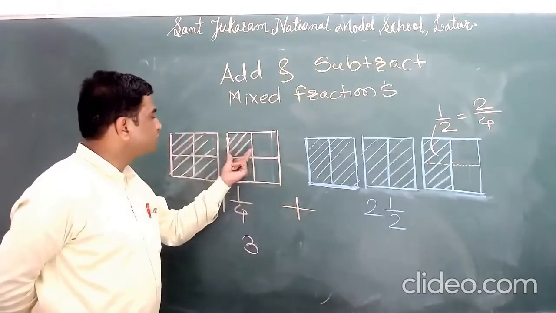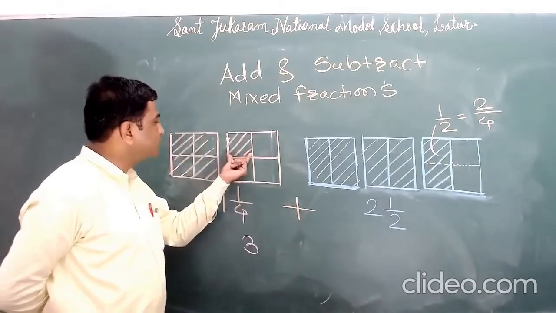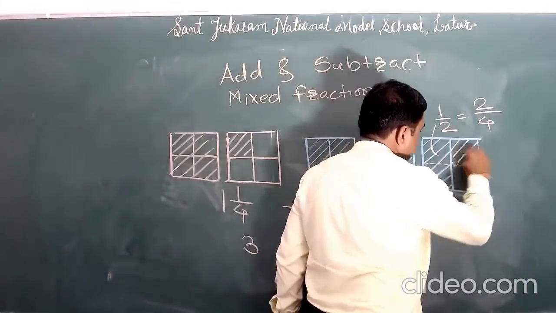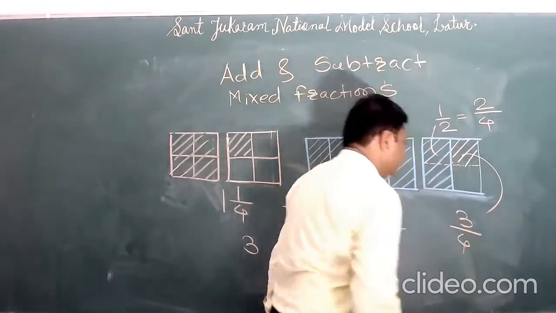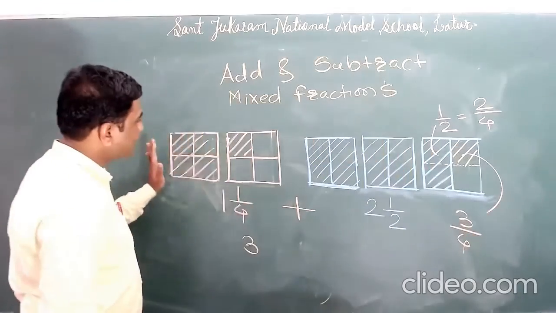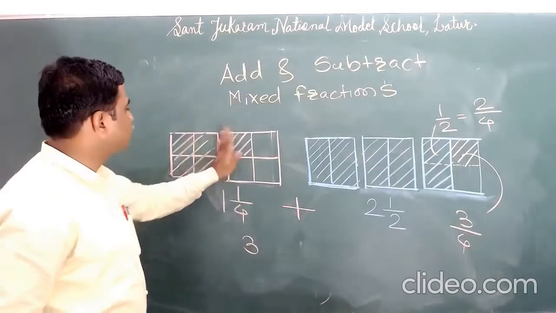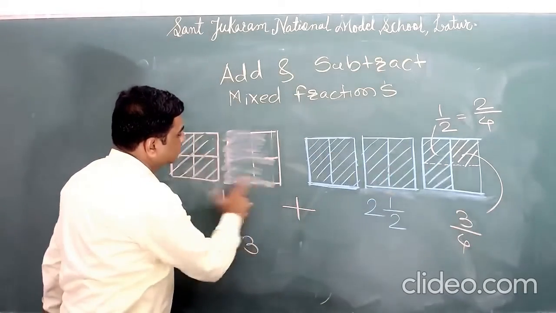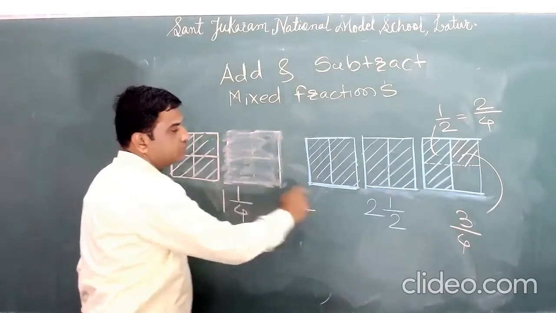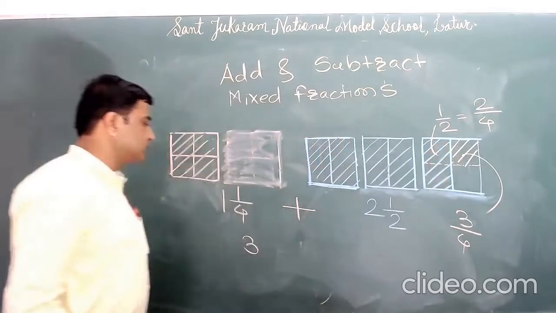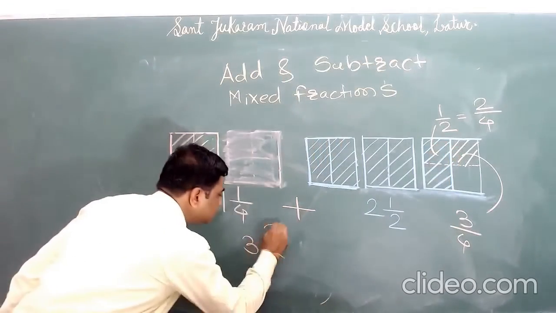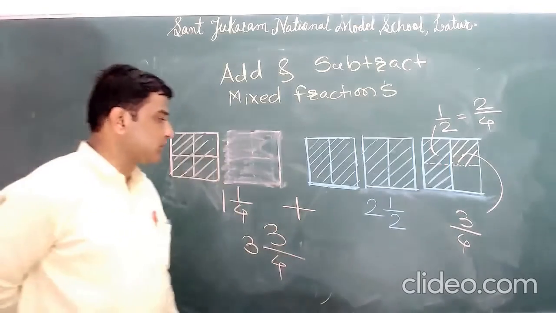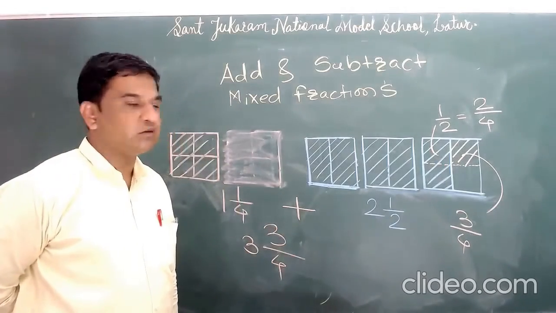There is one shaded out of 4 parts. So when I pick this particular part and put it over here, there totally become 3 shaded parts out of 4 parts. So if I add this one complete square with these two squares, and then take this 1/4 part of the square and put it over there, it will become 3 out of 4, and now it will become 3 whole 3 by 4 of the parts which are shaded in the square.